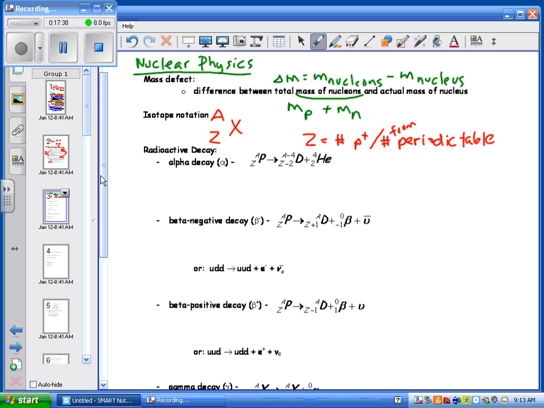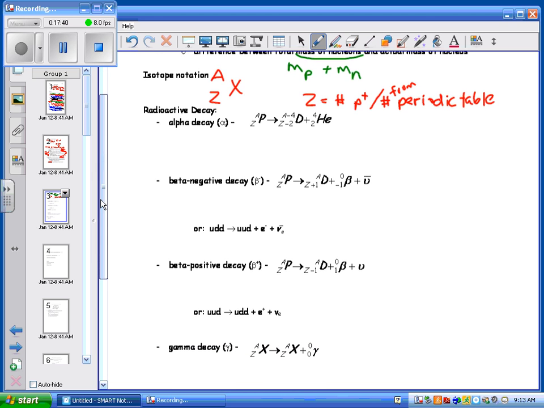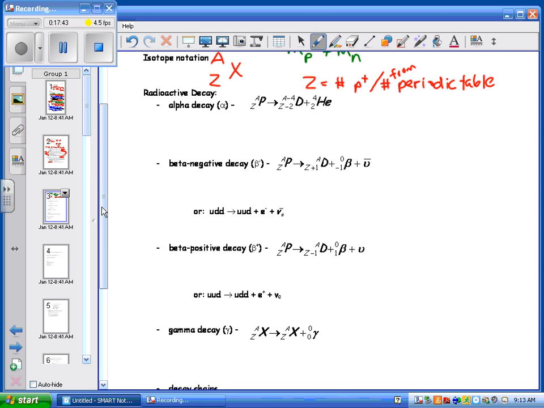And then just our different types of decay: alpha, beta negative decay, beta positive decay, and gamma decay. I had examples here that I could do for you for that. So the principle that you're using when you do radioactive decay is physics principle 8, which is conservation of nucleons.